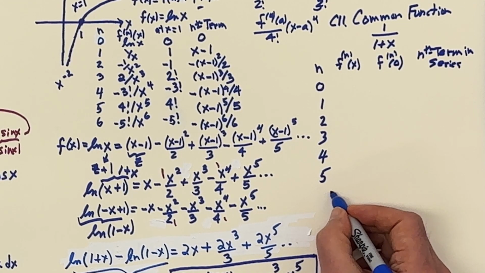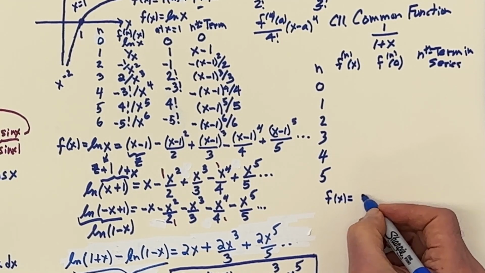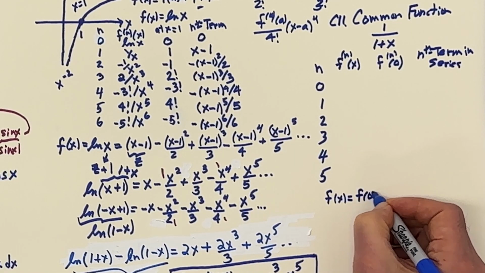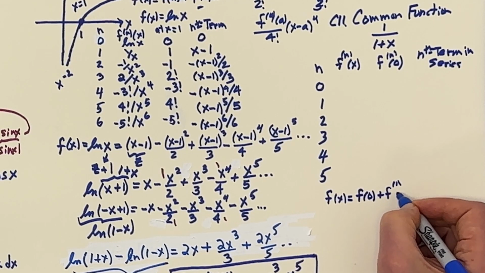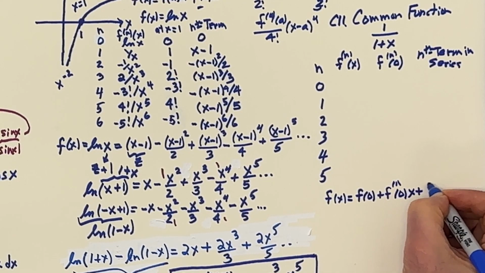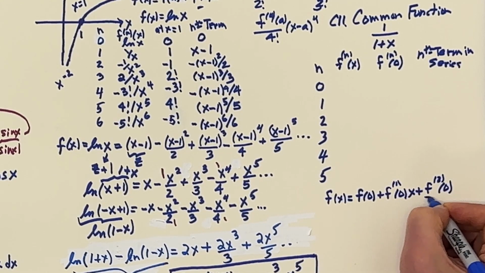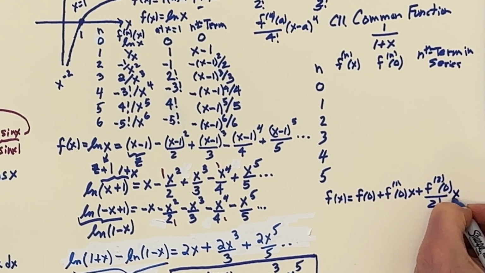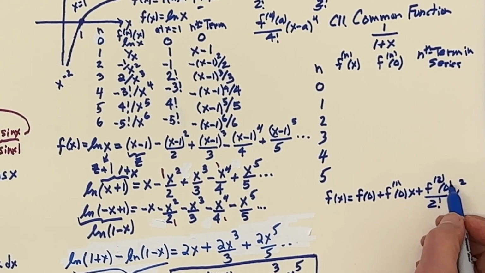I'm going to write down at the bottom here, f of x is equal to f of 0 plus the first derivative, and I'll use the standard notation here, times x, plus the second derivative evaluated at 0, that's going to be over 2 factorial, x squared, and so on.